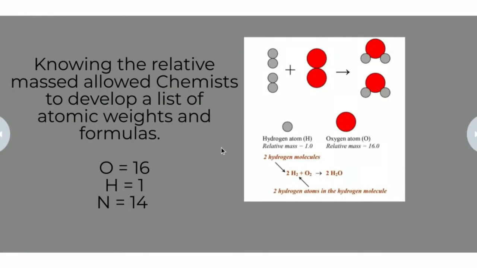And that was actually controversial. Dalton actually thought the formula for water was OH, which would lead to the incorrect relative mass. But anyway, there were ways to figure out the correct formulas.